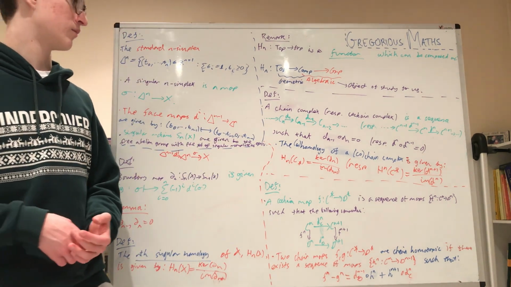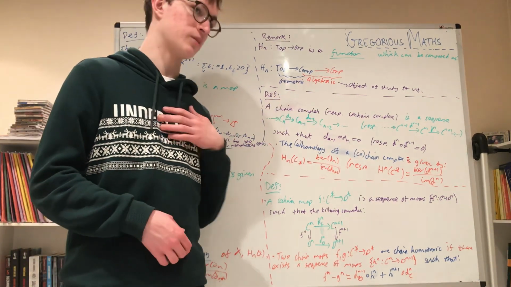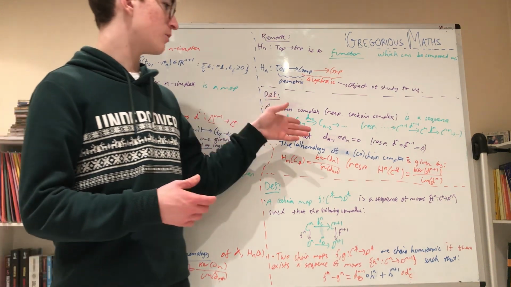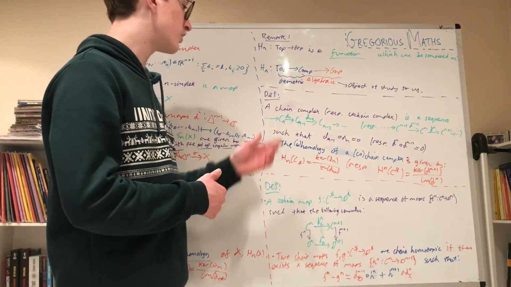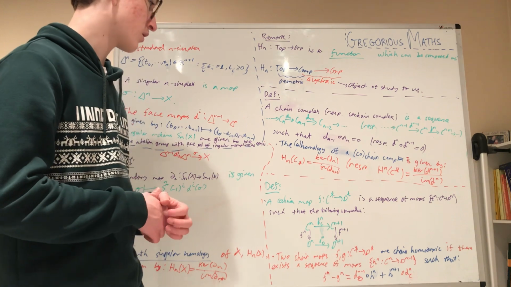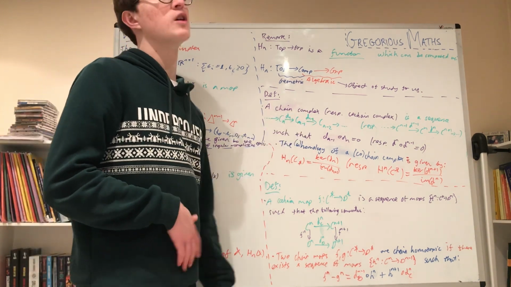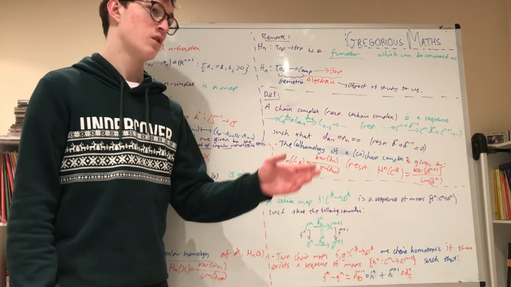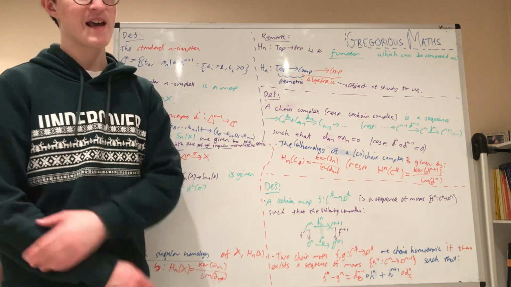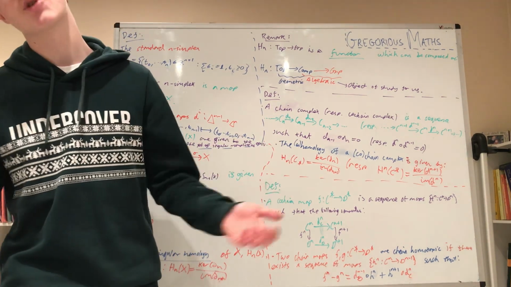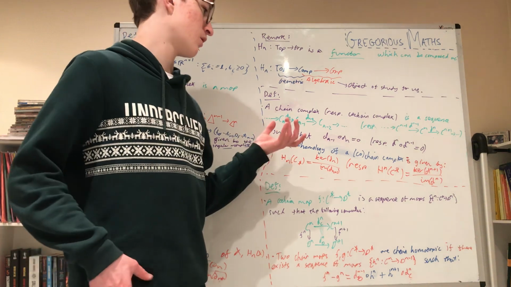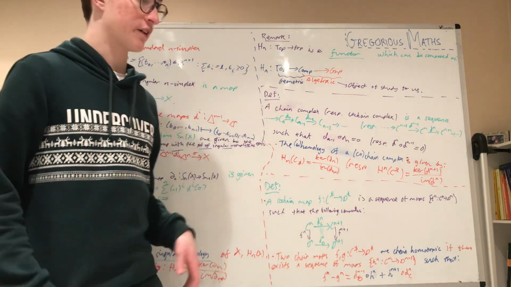There are chain complexes and co-chain complexes. A chain complex is a decreasing sequence of modules. I'm just choosing modules because it's the standard example, but we could have any abelian category.